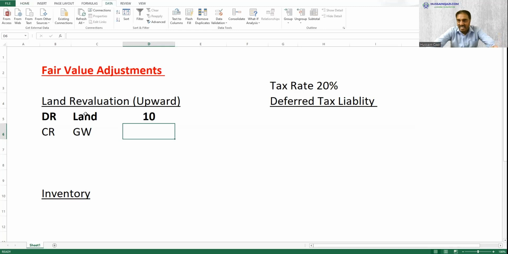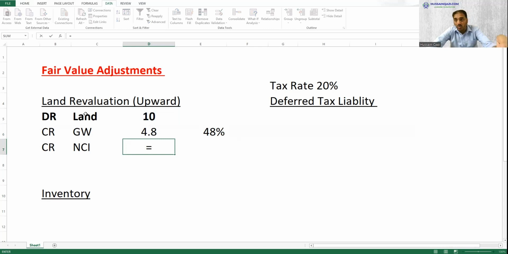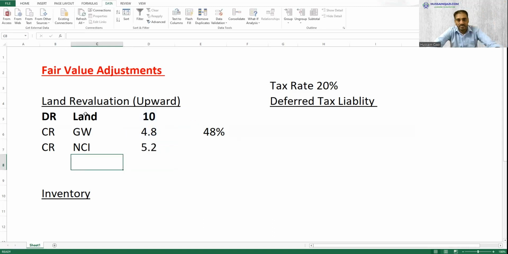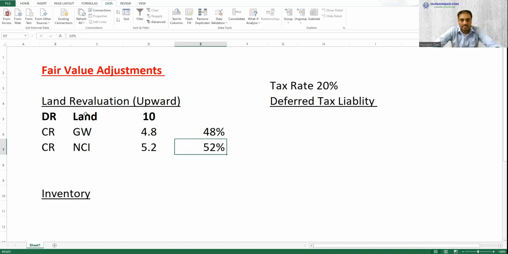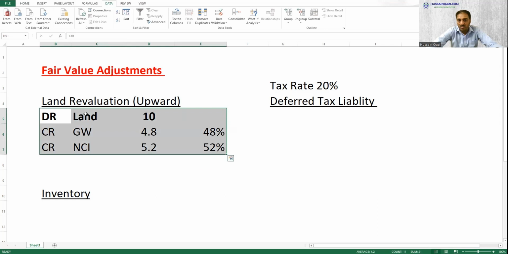The impact will be on goodwill with the parent's share, and the parent's share is 48%, and the remaining part relates to NCI, because this land belongs to the subsidiary. So the parent's portion at the date of acquisition is adjusted with goodwill, that's 4.8, and the rest, related to NCI, is 52%. This is the first fair value adjustment.